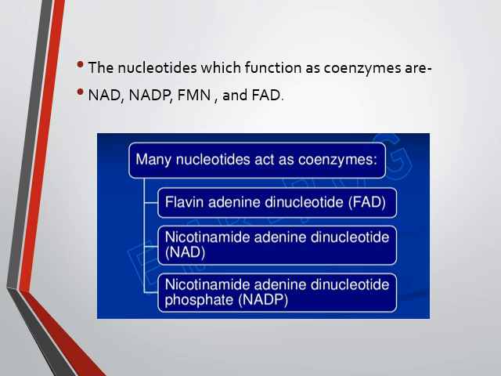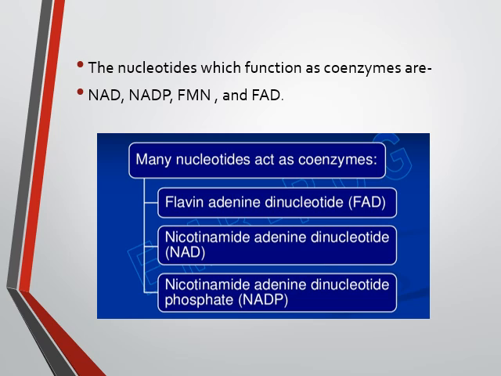That is, what is the difference between the nucleoside and nucleotide? Nucleoside is sugar plus base at the carbon number 1, whereas nucleotide is a sugar, base plus phosphate group at the carbon number 5. So this is a major difference between the nucleoside and nucleotide.